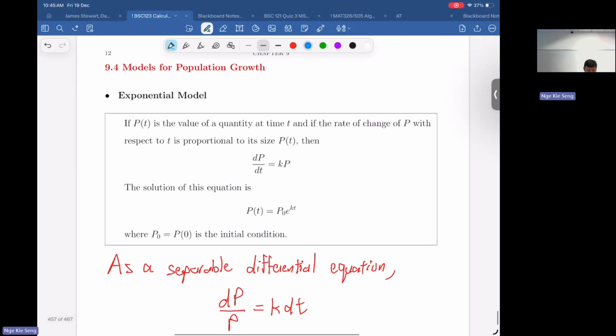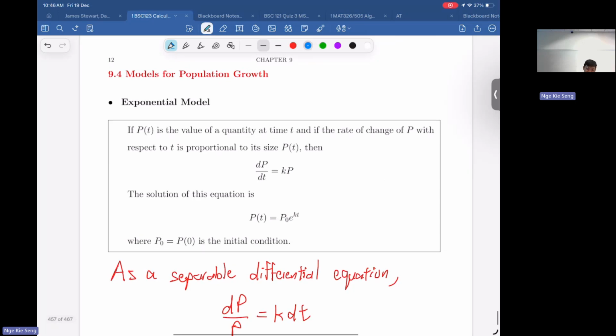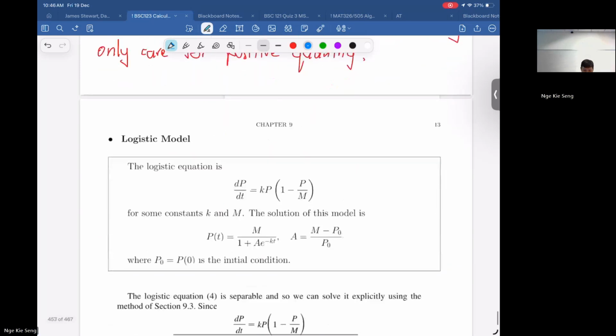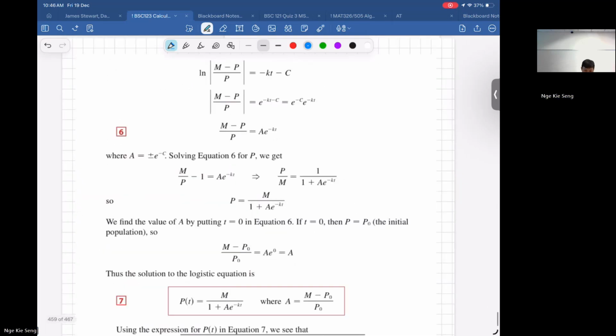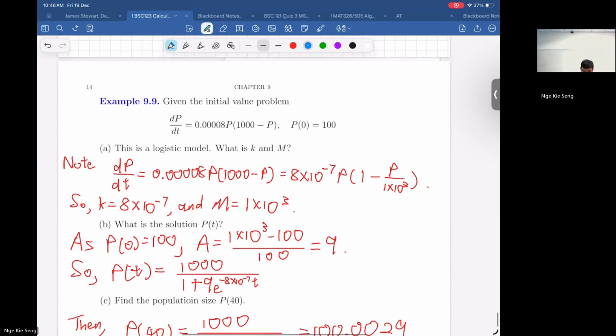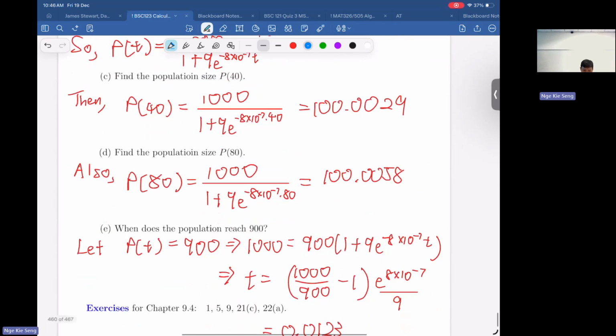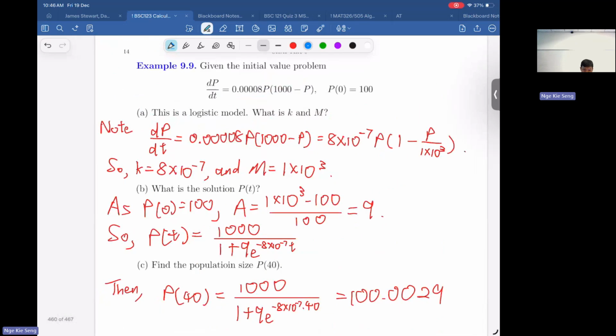And then one more model. This model is what we saw at first. This model can be used to model some population growth, and then the logistic model as well. And then we'll try to solve some logistic problems.